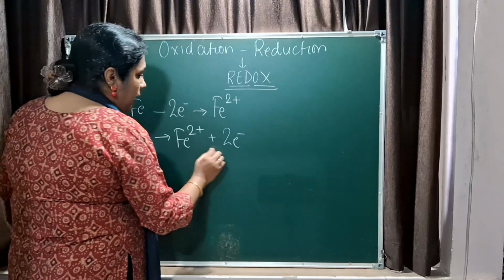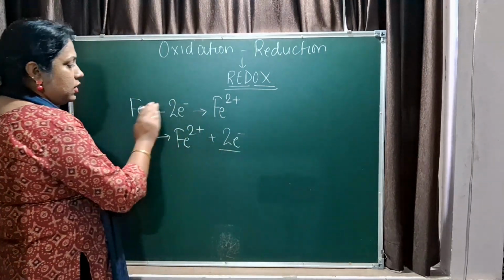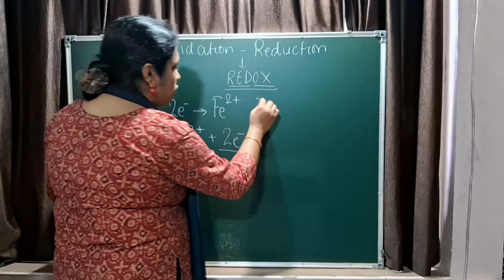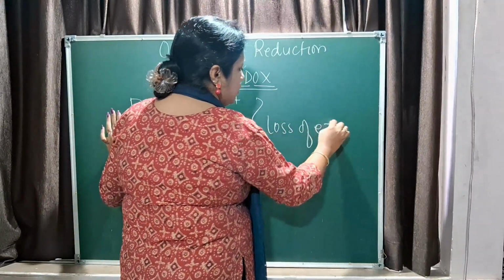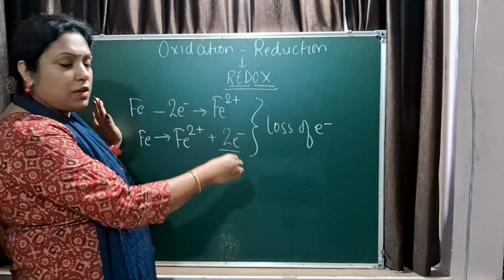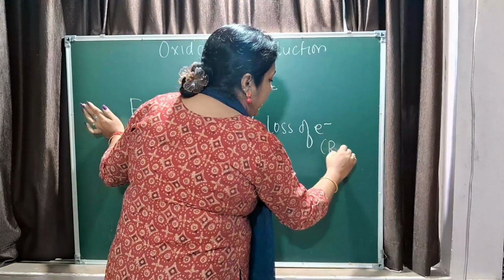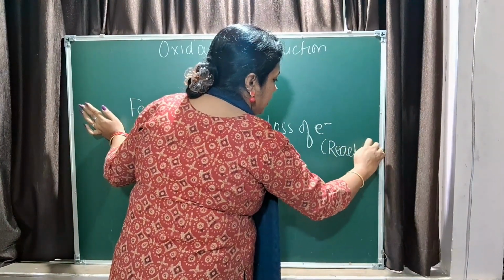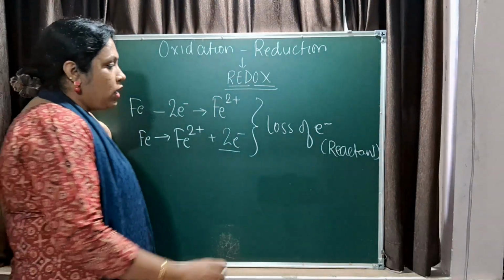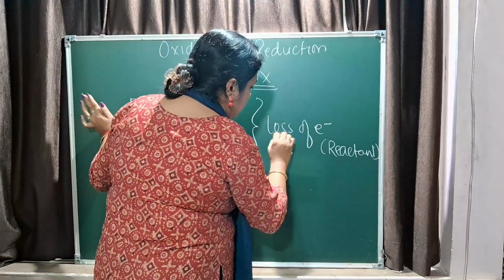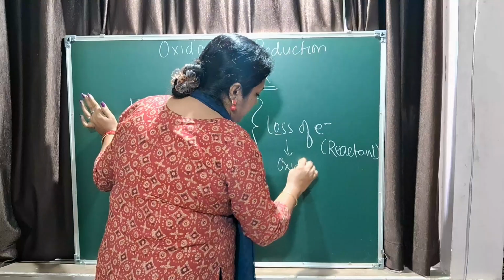So either you write this side or on the reactant side, in both cases it is loss of electron. You have to consider the loss or gain of electron on the reactant side. So loss of electron, as the O suggests, is oxidation.